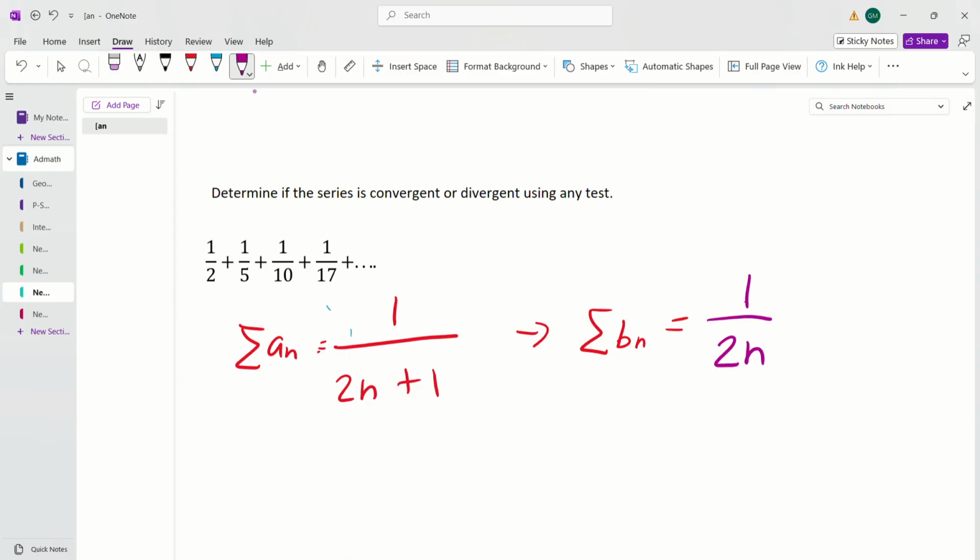Now we have this summation of b sub n. Let's try using tests to identify if this summation of b sub n is convergent or divergent.